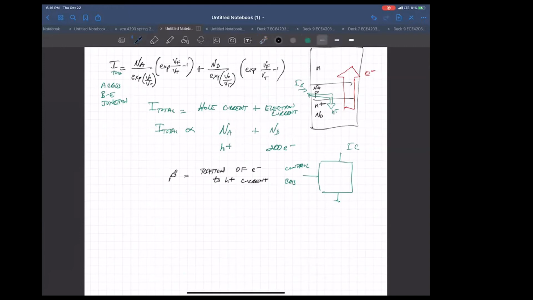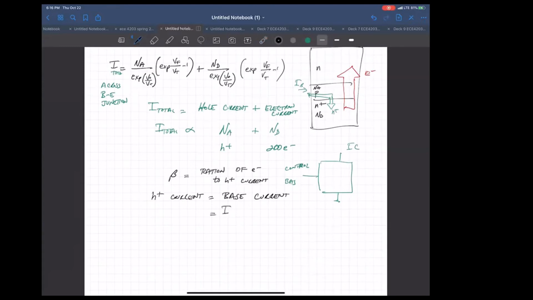Okay, so by definition, remember the hole current is equal to the base current, because that's the current the base has to deliver.